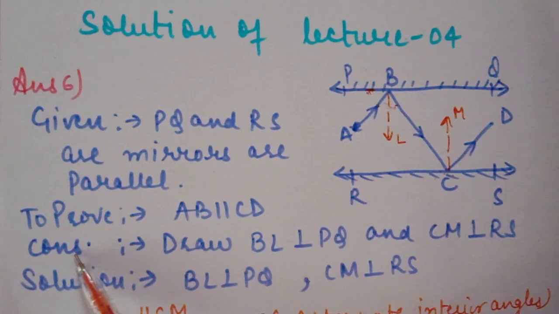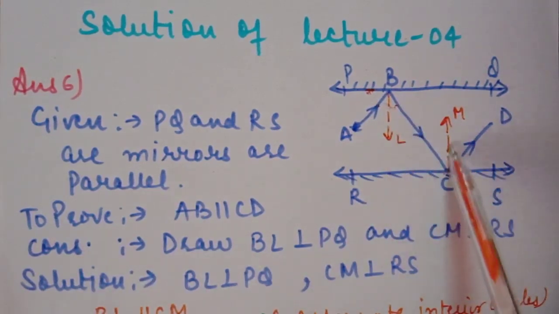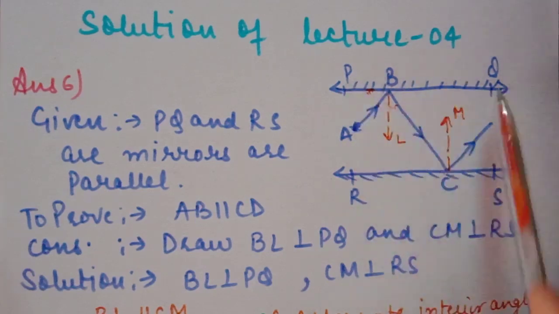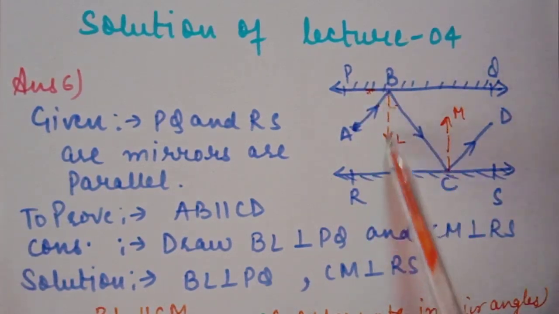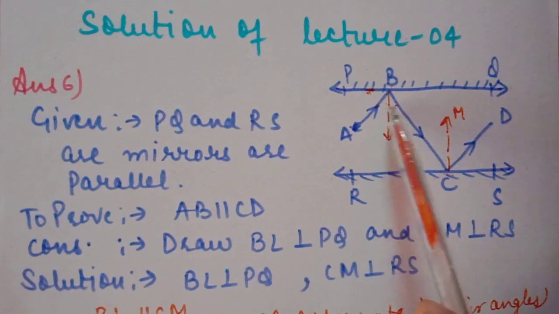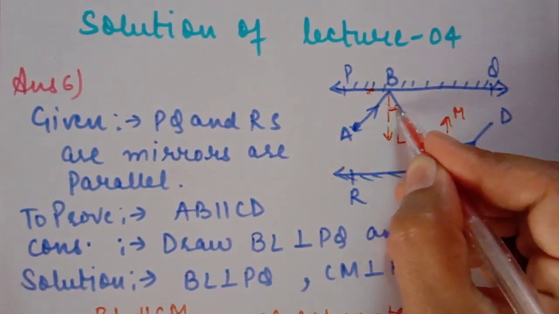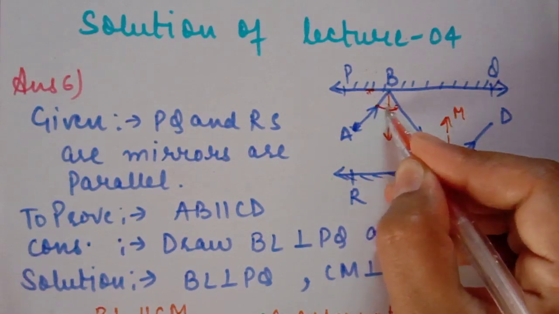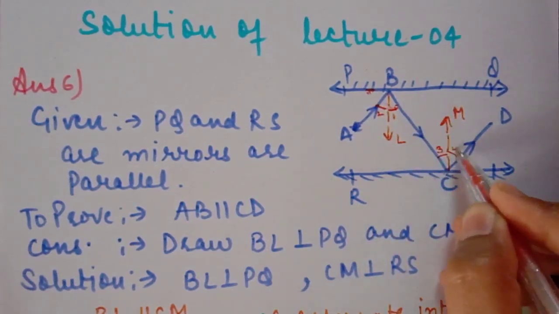A construction: draw BL and CM perpendicular on the two parallel mirrors. So definitely they bisect these two angles. It means angle 1 is equal to angle 2, angle 3 is equal to angle 4.